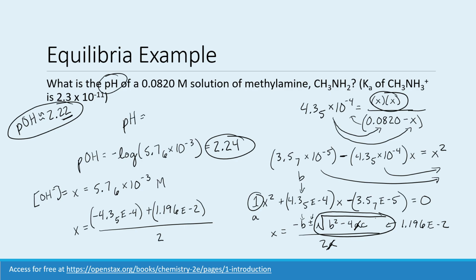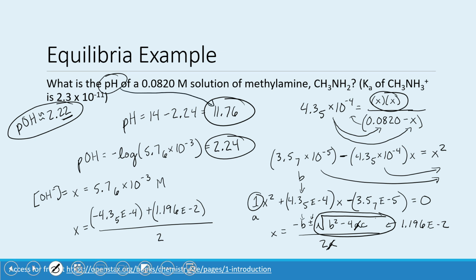But this gives us our pOH, and to calculate the pH, the final step, pH equals 14 minus the pOH that you calculated, that 2.24. And so pH is equal to 11.76. Okay, so that's our final answer. That is the pH.